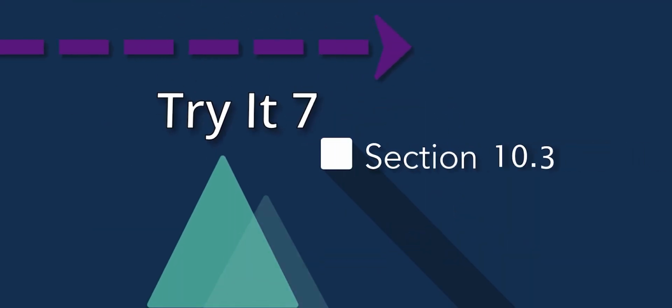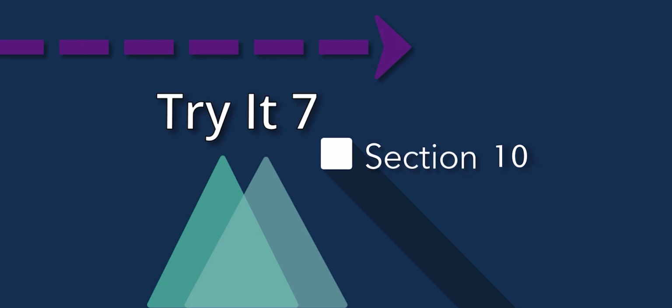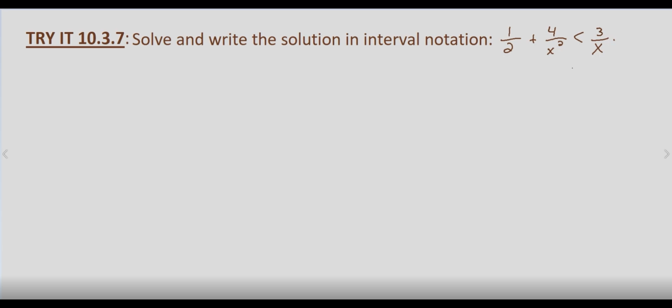So now we're looking at an inequality with rational expressions in which we have rational expressions on both sides of the inequality and multiple rational expressions on one side. We might eventually get to the point where we have multiple on both sides.